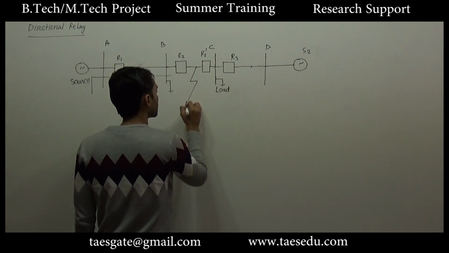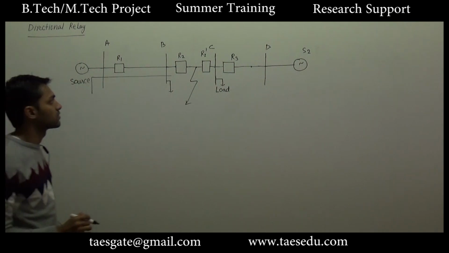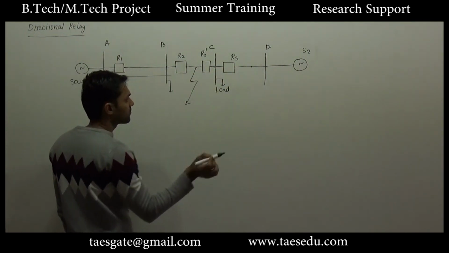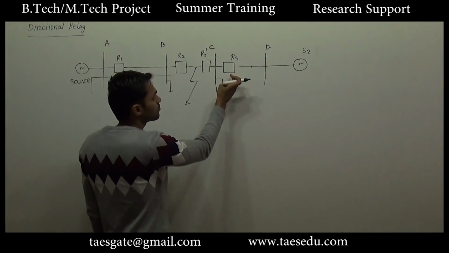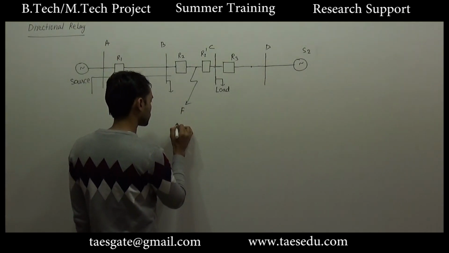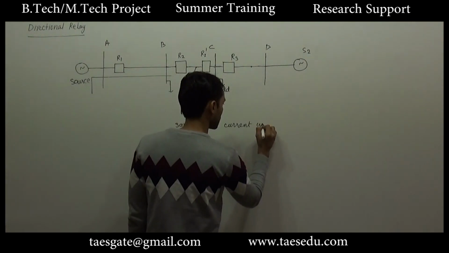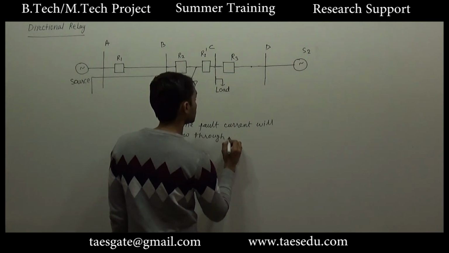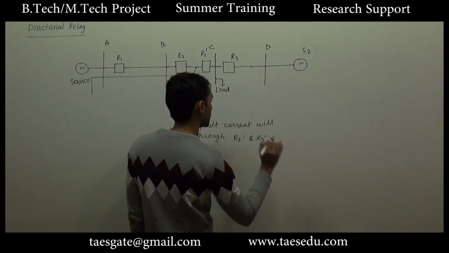So now it seems that our problem has been solved. But again a problem here is, if there is a fault at this point, the same fault current will flow through R3 and R2 dash. For this kind of fault, the same fault current will flow through R2 dash and R3.